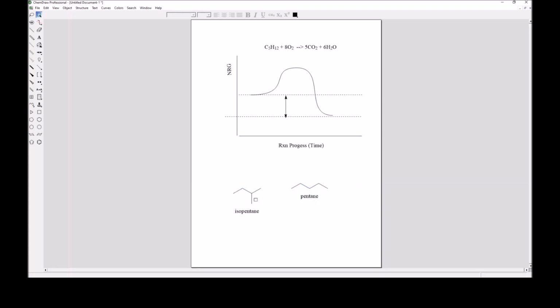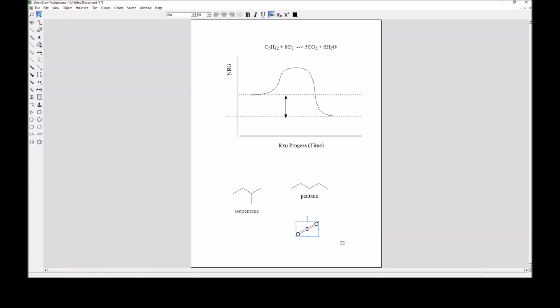When you set fire to either isopentane or pentane, you end up with exactly the same products either way. And carbon dioxide does not have any constitutional isomers. There's no other way of really drawing carbon dioxide than a carbon in the middle and 2 oxygens on the outside. And water also doesn't have any constitutional isomers. It's just a single structure.